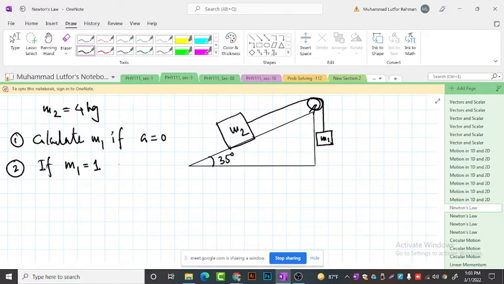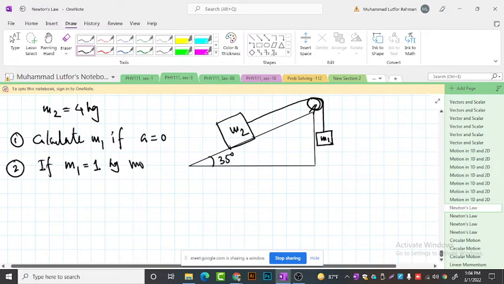In the third question I have to use M1 as actually 3 kg, 2 plus 1 would be 3 kg. If M1 is 1 kg more, what would be the acceleration of the system?